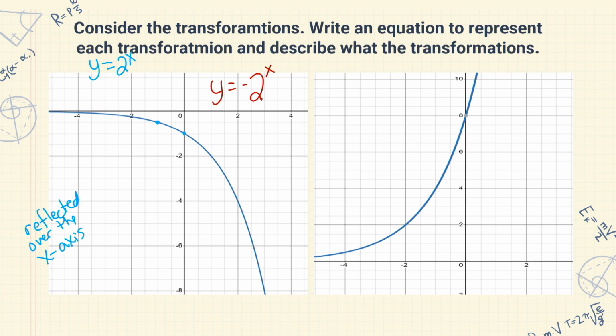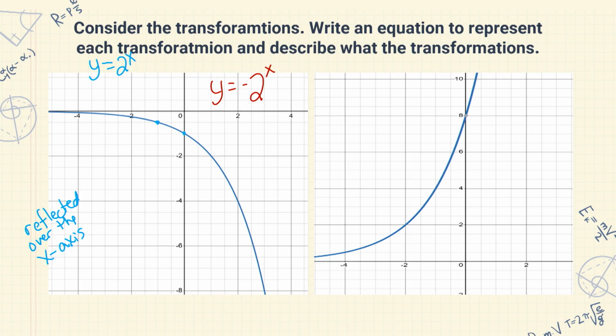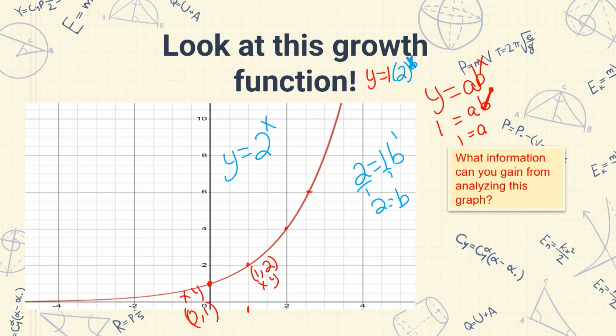Now let's look at this next one. We are still comparing it to this one. So when I go from my red function to this other blue function, what have I done? I know that in my original, my y-intercept was (0, 1), and then I had (1, 2).